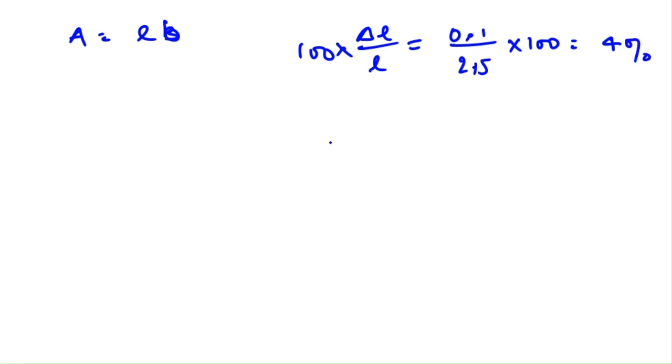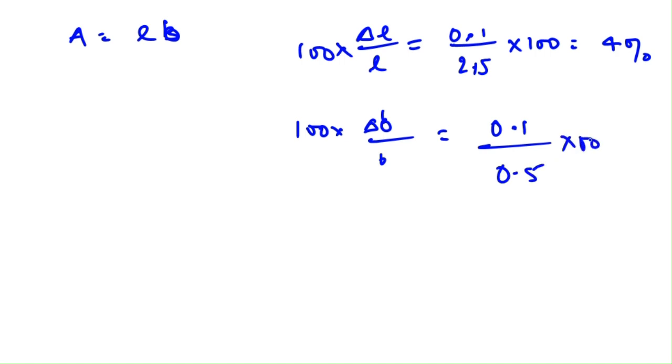Yes, 4%. And percentage error in breadth will be delta B by B, 0.1 by 0.5 into 100, that will be 20%. And what happens in case of area? This percentage error will be accumulated. So if we want percentage error in area, this will be 24%.